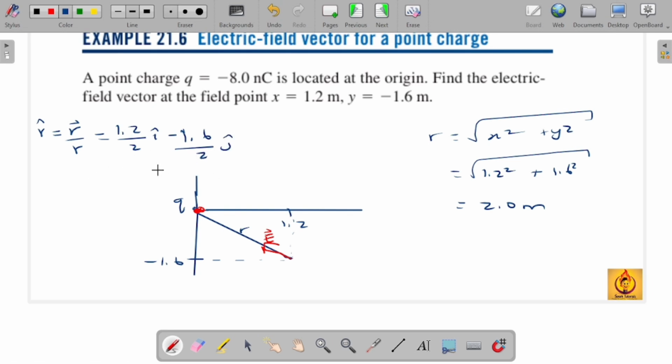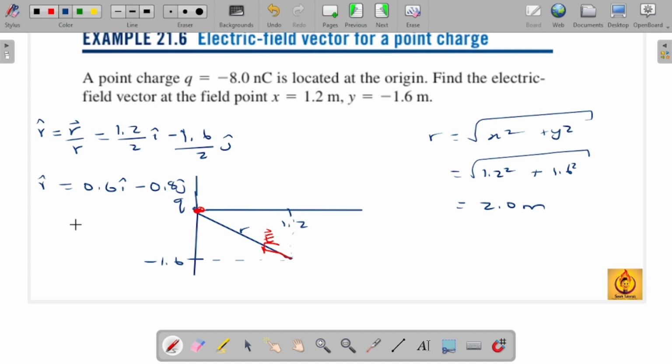Yes. Alright, and then we can simplify and find that our R hat is equal to 0.6 i hat minus 0.8 j hat, right? Yes. Okay.